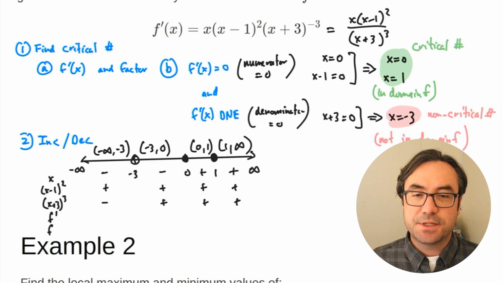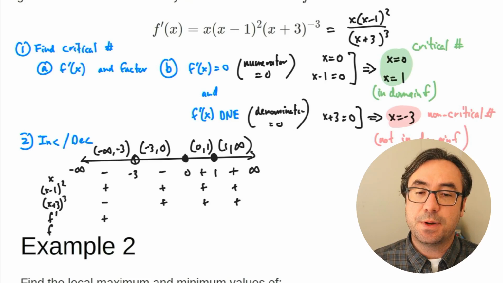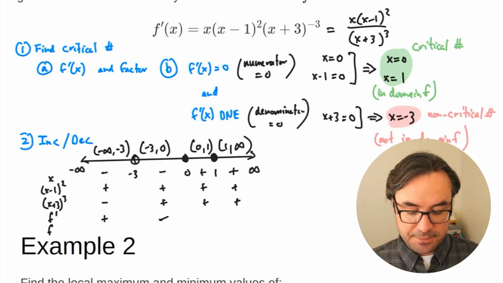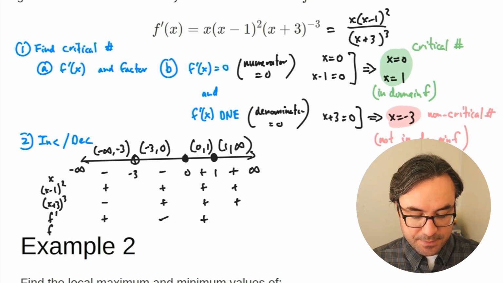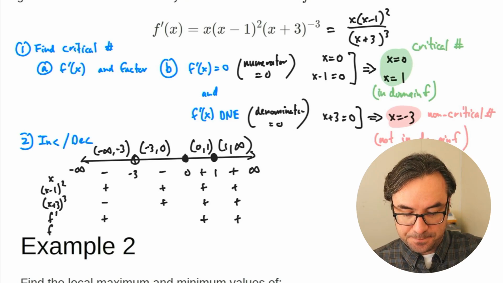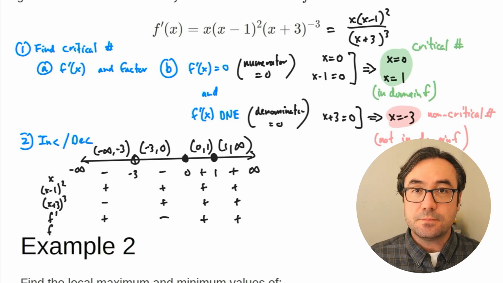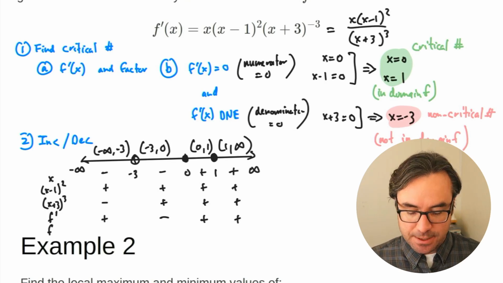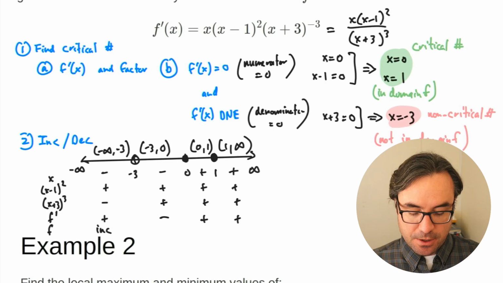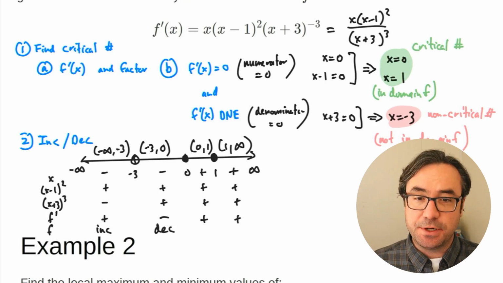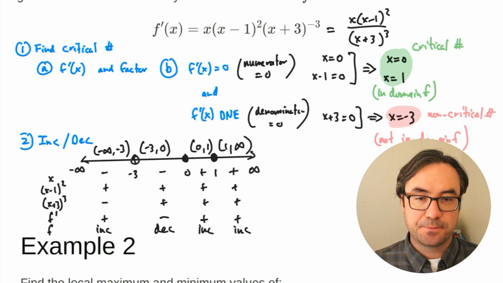So if we put all this together, a negative times a positive times a negative gives us positive. Negative times positive and positive means negative. And then everything's positive and everything's positive. All right, so let's see what we got. So when f prime is positive, that means the original function's increasing. When f prime is negative, that means we're decreasing, increasing, and then increasing.